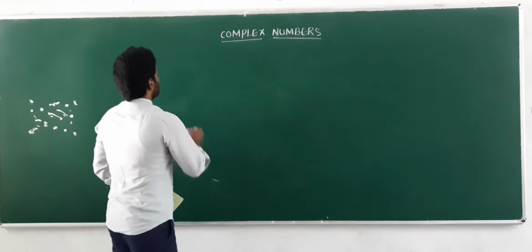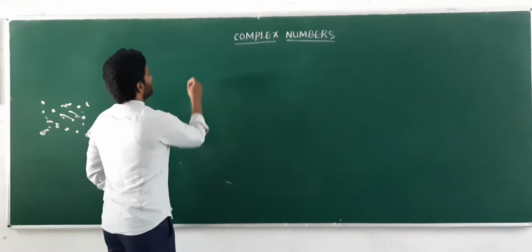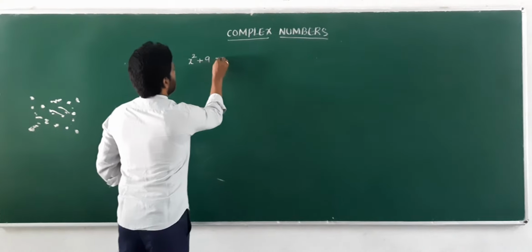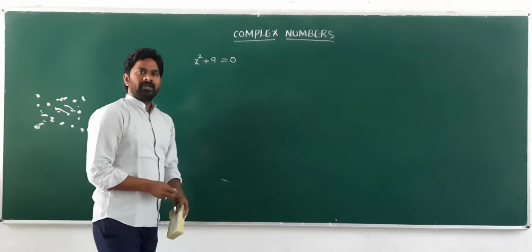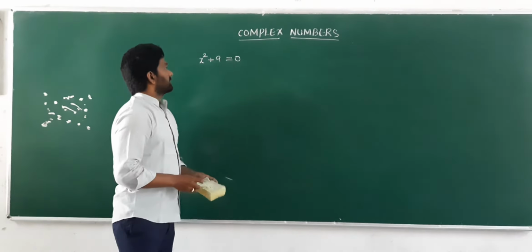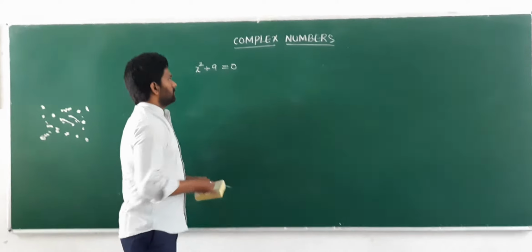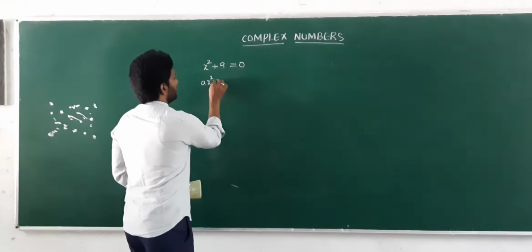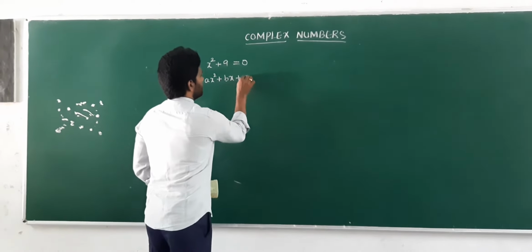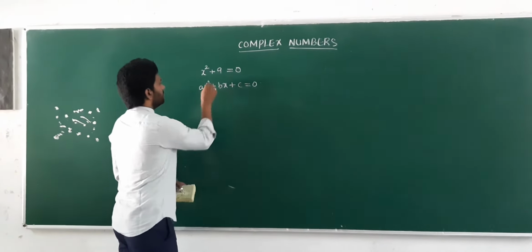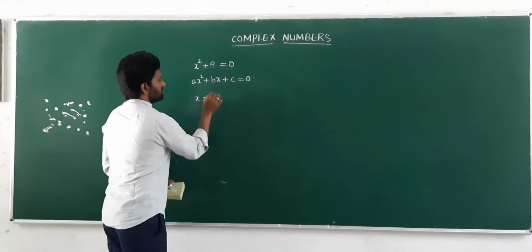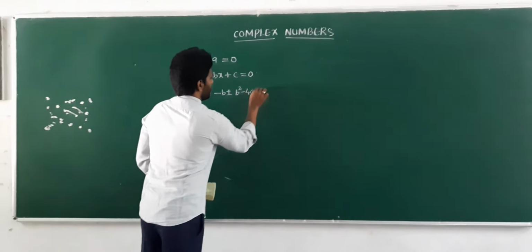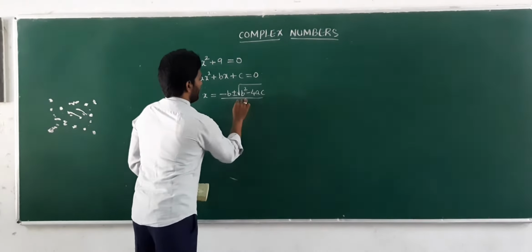Let's consider a quadratic equation, x square plus 9 equals 0. Compare it with the quadratic expression ax square plus bx plus c equals 0. The roots are minus b plus or minus square root of b square minus 4ac by 2a.